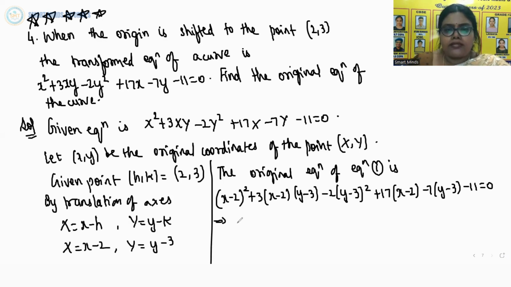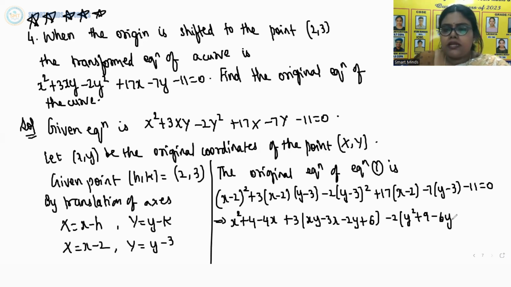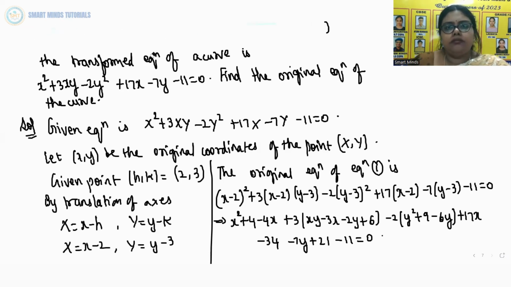Now open the brackets. (a − b)², a² + b² − 2ab, plus 3 into, now you multiply these two brackets, xy − 3x − 2y + 6, minus 2 into y² + 9 − 6y, plus 17x − 34 − 7y + 21 − 11 = 0. Now I am erasing the question.